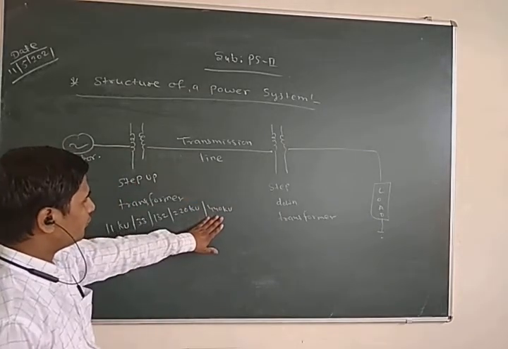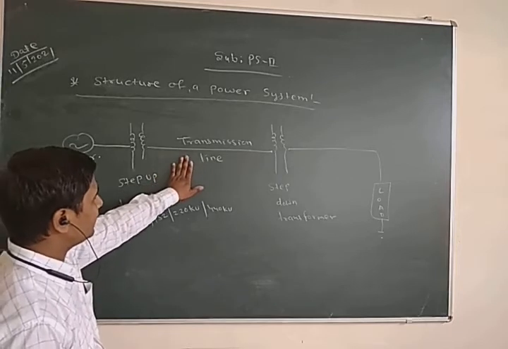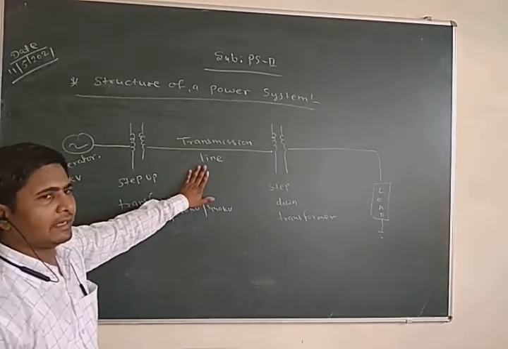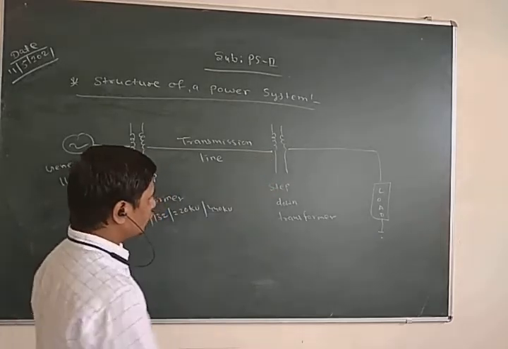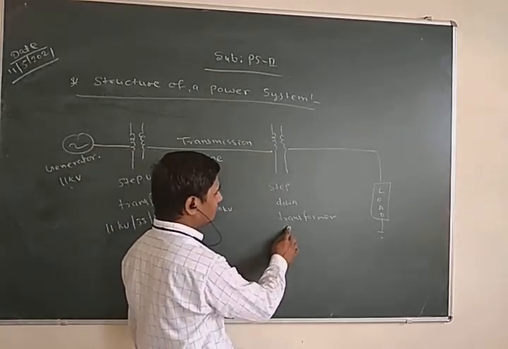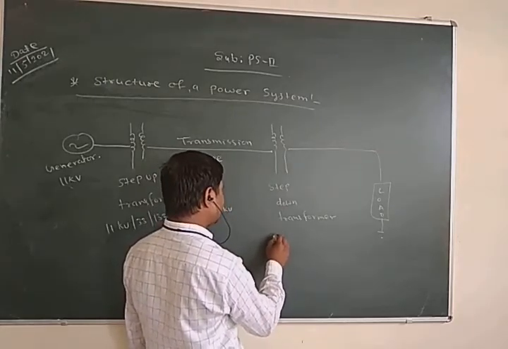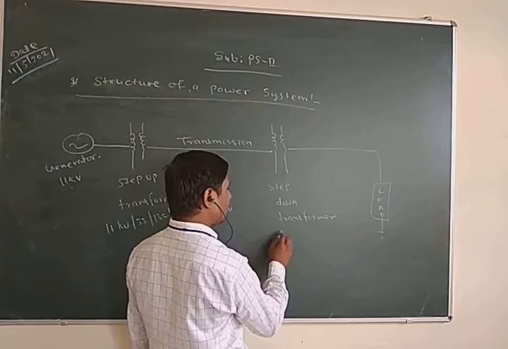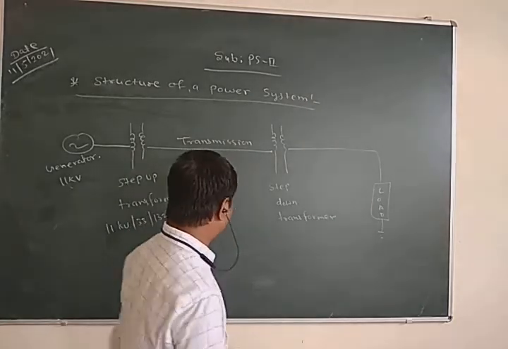Now this stepped up voltage supply is transmitted with the help of the transmission line to the receiving end. So here we use a step down transformer, which reduces the voltage supply up to the load requirement.